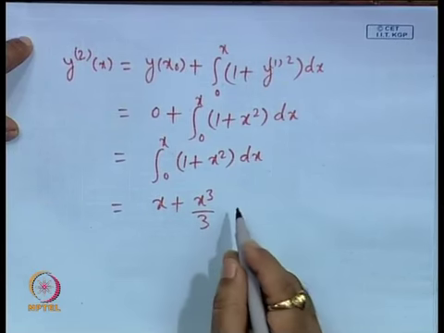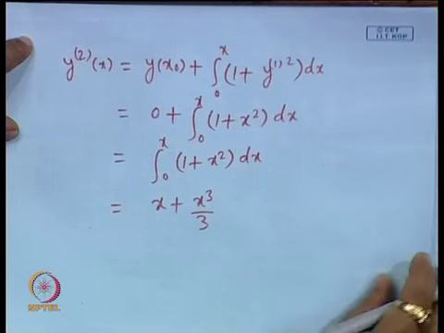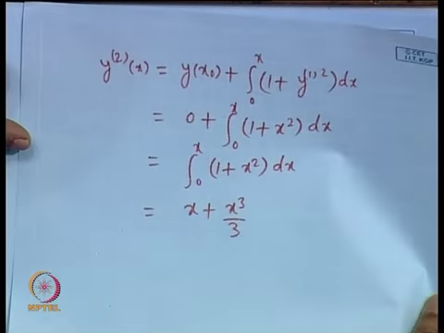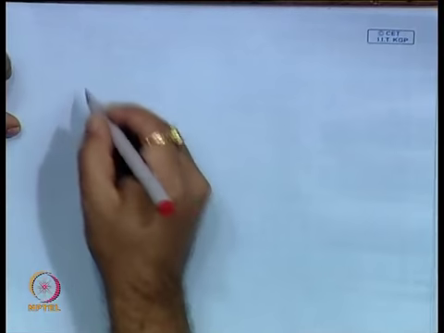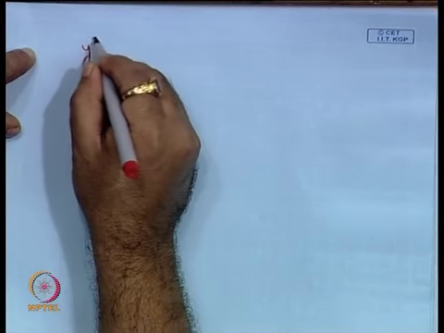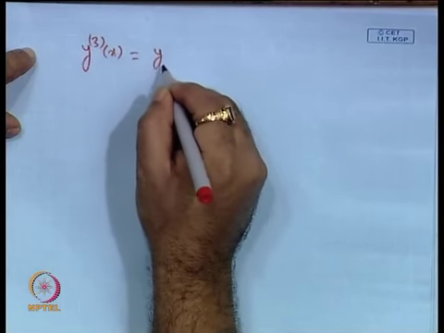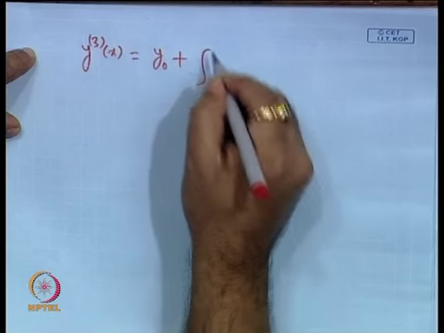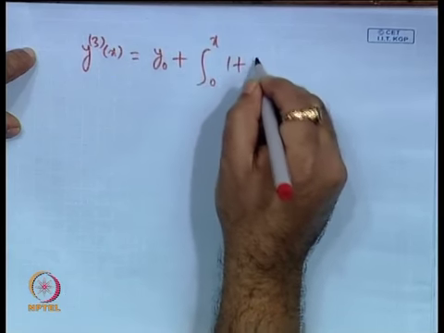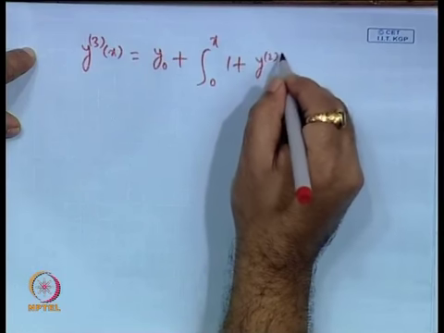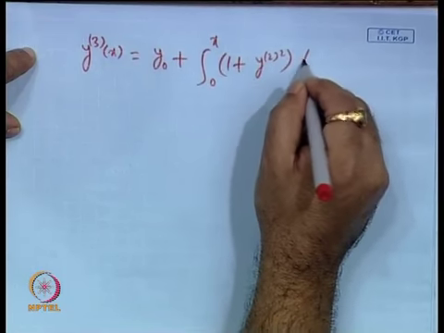Now we would like to improve upon this. So, how do we do it? Again define y 3 as y 0 plus the integral from 0 to x of 1 plus y 2 square.